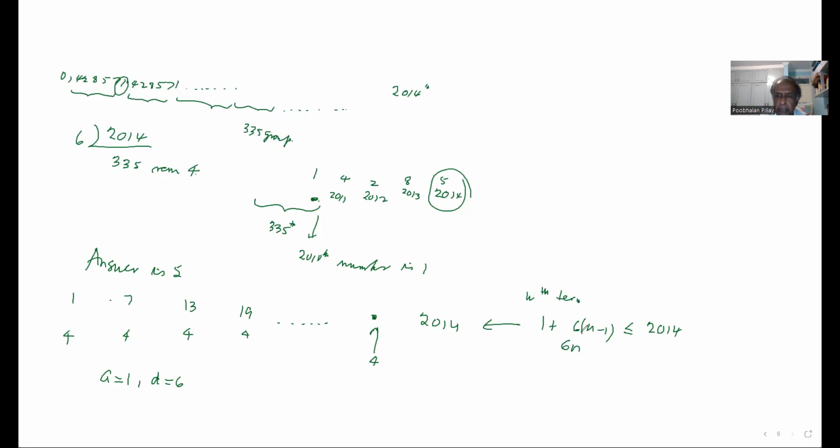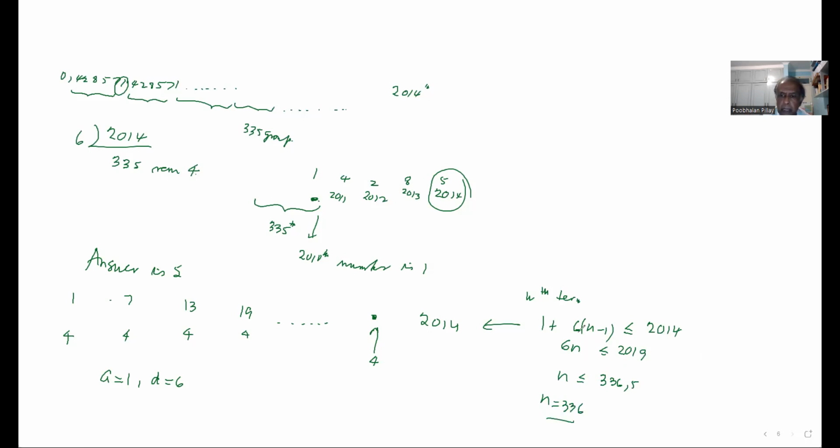When you work that out, you get 6n minus 6 is 2019, right? And you'll see that n is equal to 336.5. So the value for n is 336 in this case.